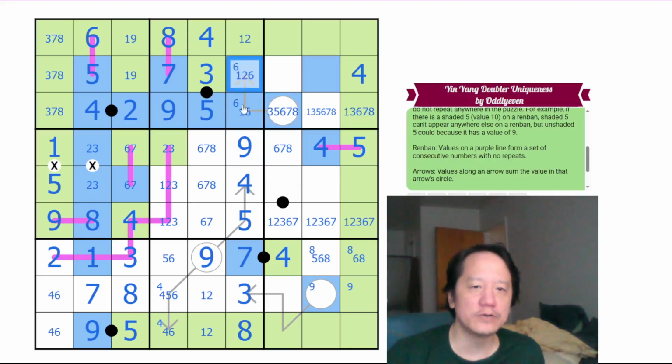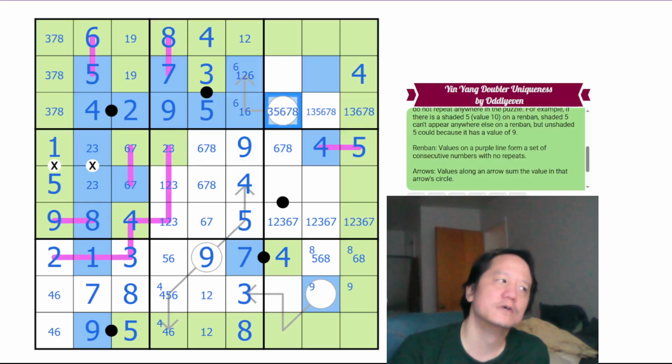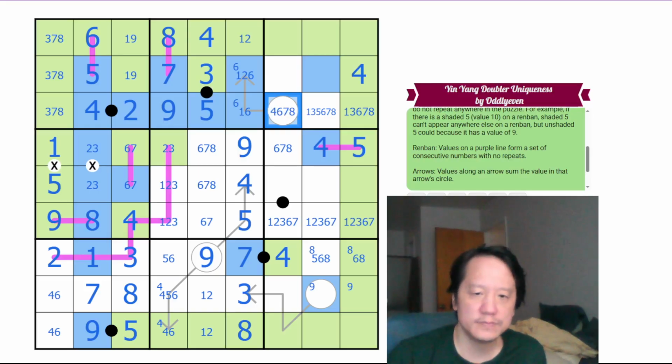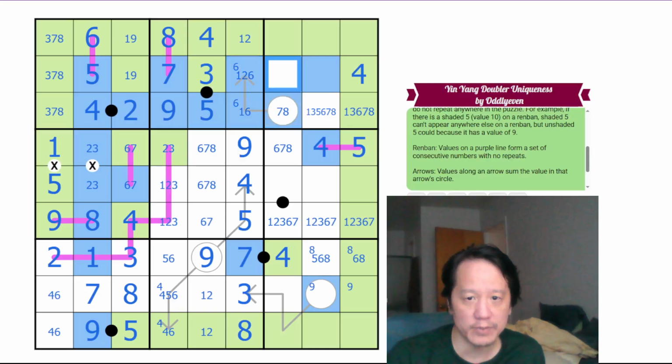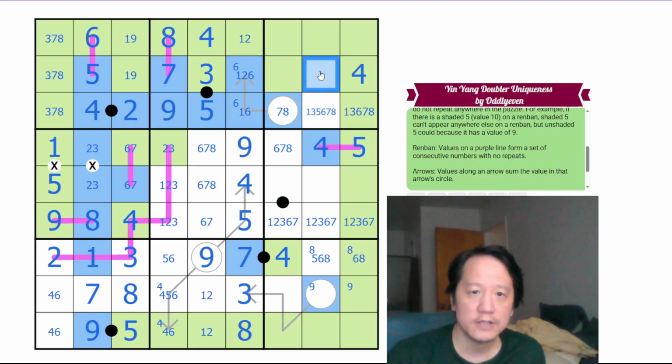So this is either going to be 2 and 12 adding up to 14, or 4 and 12 adding up to 16. So no 3, 5, or 6 here. It's 7 or 8. We have 3 blues here, so this cannot be blue. That must be green. Diagonal, that's blue, so this has to be blue here. 3 blues here, which means this can't be blue. That's green.